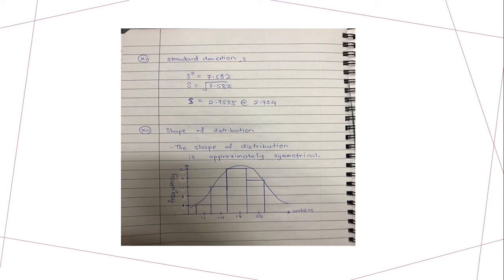After the axes are labeled, then and only then can we determine the shape of distribution. The shape of distribution is affected by the frequency and the number of orders. As a result, we got that the shape of distribution is approximately symmetrical.